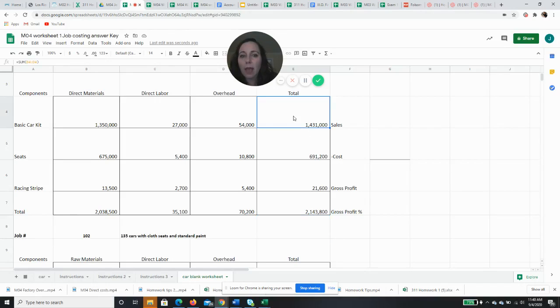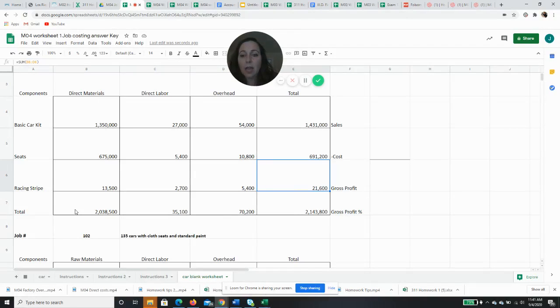All right, so I have all of my costs. So my total cost for the basic car kit is $1,431,000. For the seat, $691,200, and the racing stripe, $21,600.